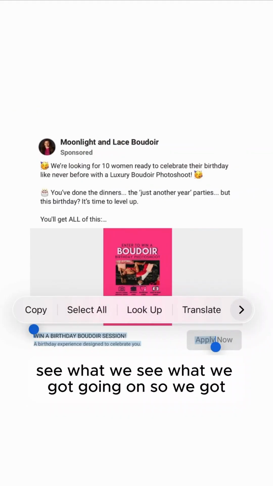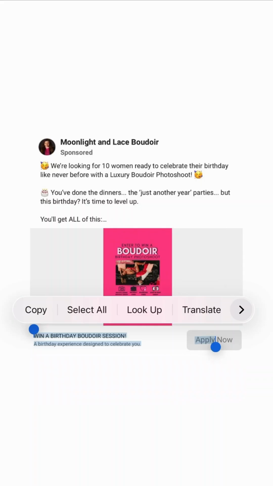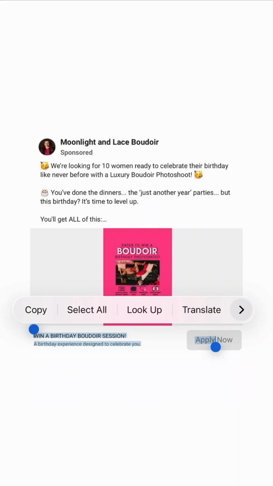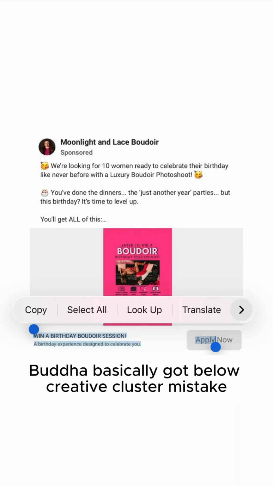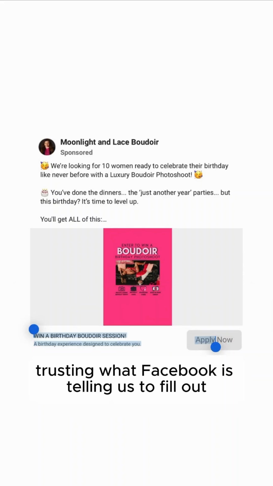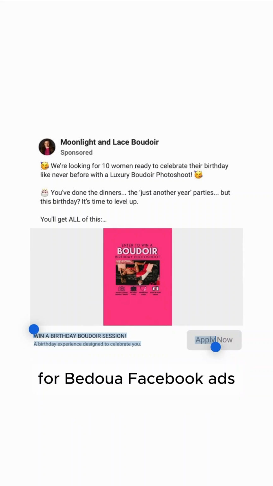Here's what we got. What I'm seeing right now is we got, basically, a below creative cluster mistake. That's what we got going on right here. So we're actually trusting what Facebook is telling us to fill out for our Boudoir Facebook ads.